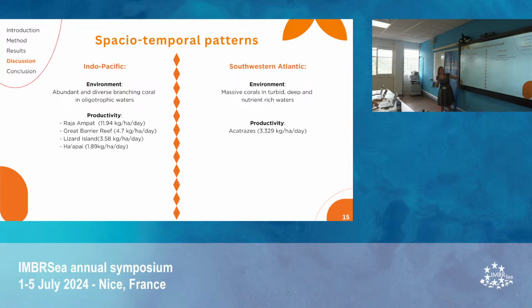But the productivity is still found to be approximately the same as in the Indo-Pacific, except for the hotspots. What is interesting is that the main trophic guild is different. In the southwestern Atlantic, it's found to be invertebrate mobile feeders and omnivores, while in the Indo-Pacific, more than 40% of the productivity is due to planktivores.